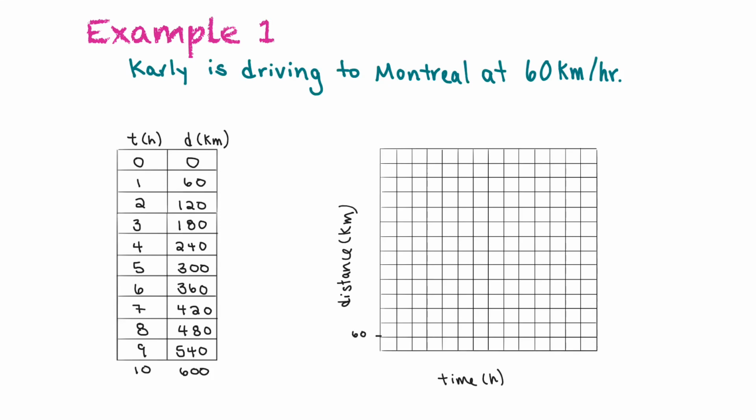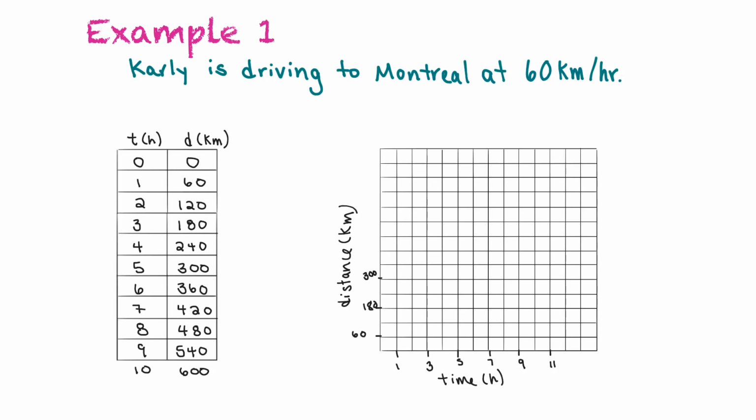So 60, that would be 120, 180, then 240, then 300, and so on. And then our time in hours is going to be just 1, 2, 3, 4, 5, and so on. So every line will be 1 hour. So now we're going to plot our information.